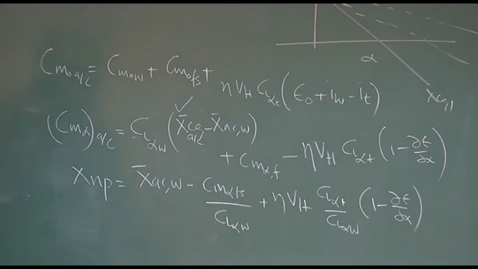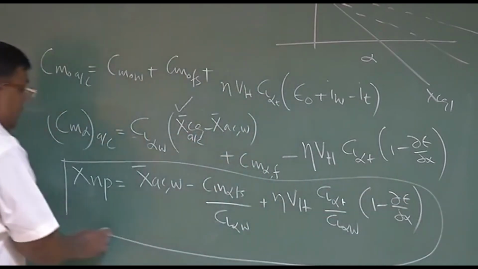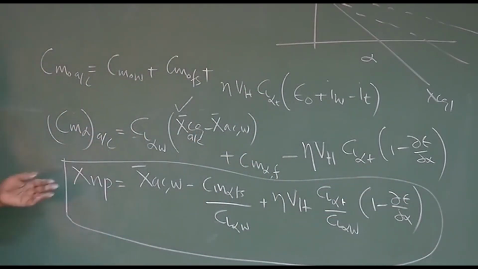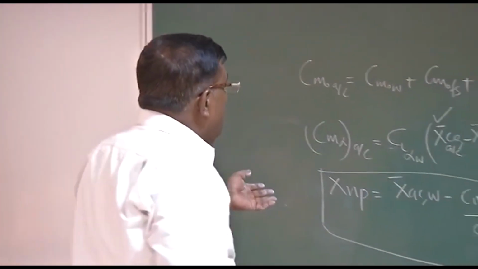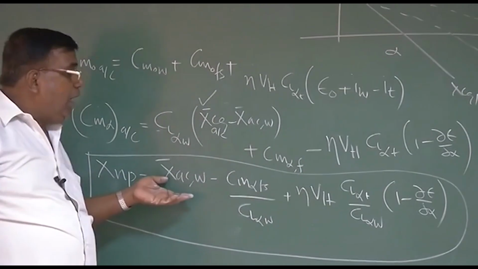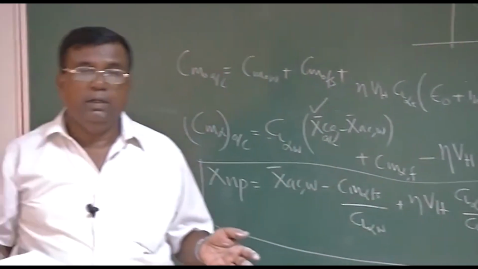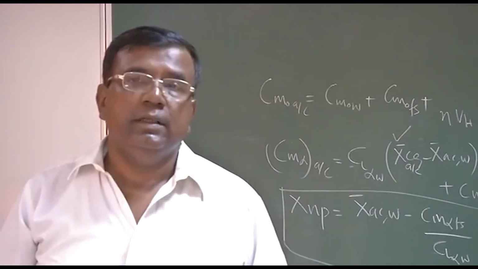Okay? You could note very strongly here one point. There is general confusion. Neutral point has nothing to do with the CG location. So this neutral point will depend upon how the wing, tail, fuselage are laid out. It has nothing to do with CG. Okay?